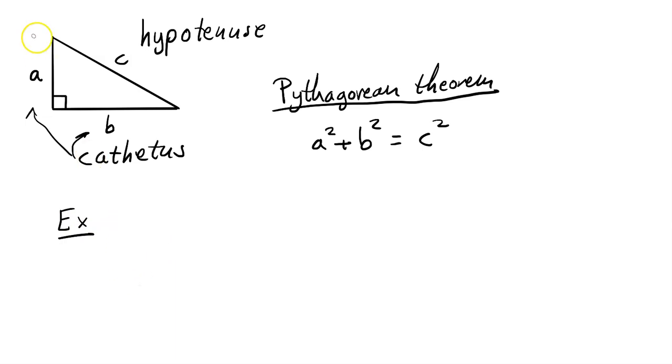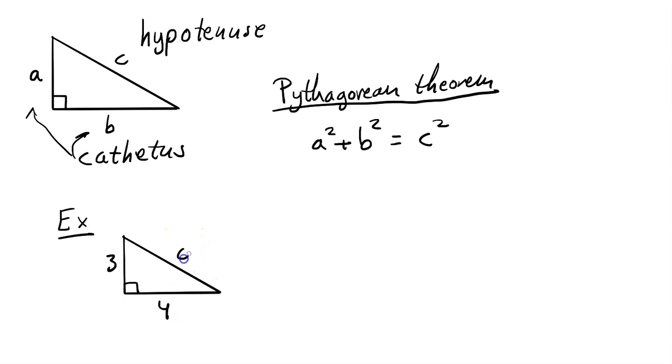If you have a right triangle, let's say that this is 3, this is 4. What is this then?